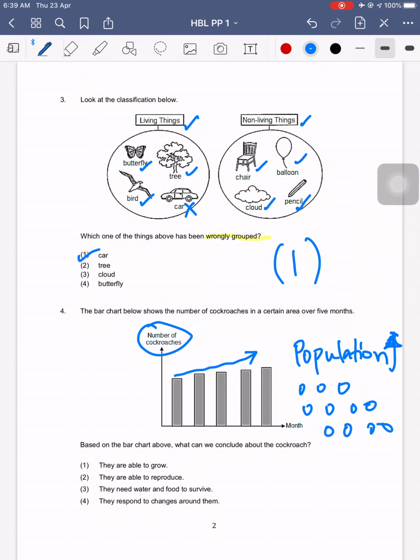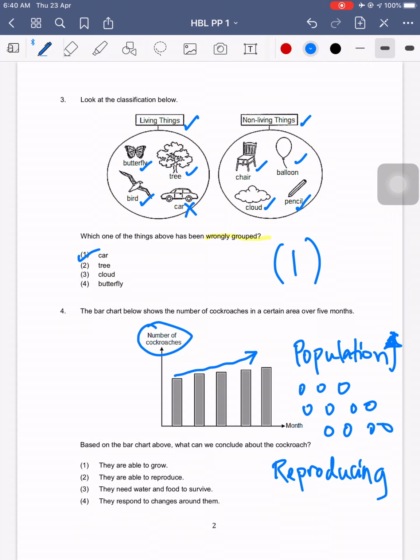Okay, so based on the bar chart above, what can we conclude about the cockroach? Now, when your population is increasing, it can only be happening if the living thing here, which is cockroach, is reproducing.